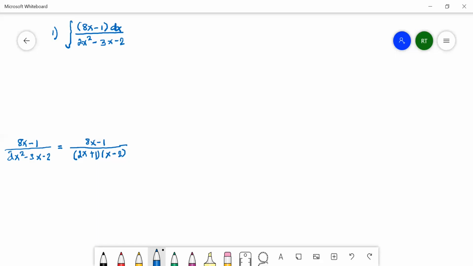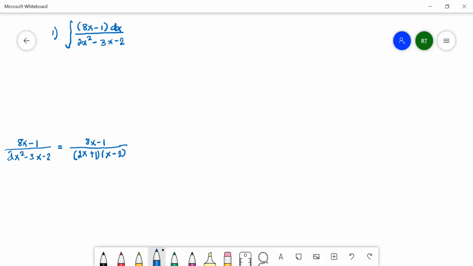x minus 2. And you can see here that we have two distinct linear factors in the denominator, and according to the rule, for every distinct linear factor in the denominator, there corresponds a partial fraction in the form A over the linear factor.